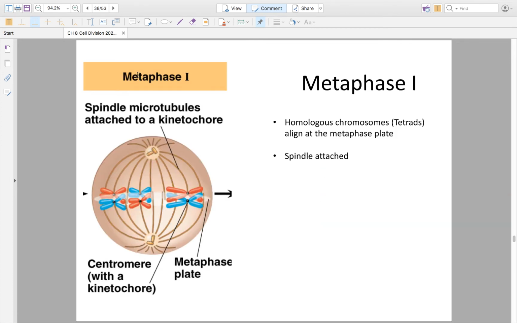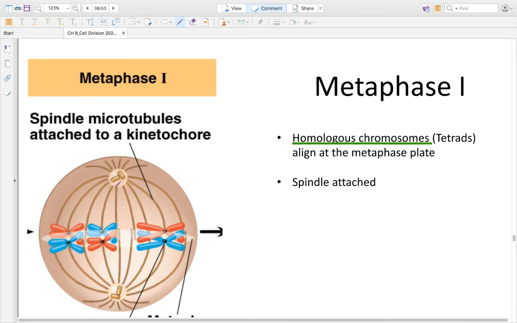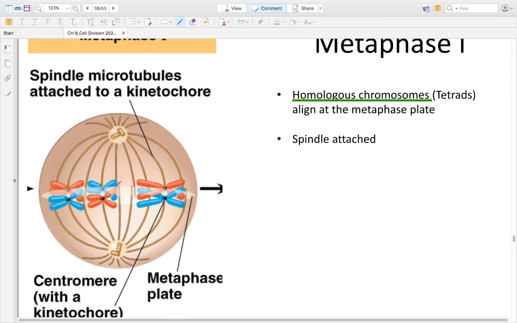Okay, metaphase 1. This is incredibly important. Homologous chromosomes, tetrads, they're going to align at the metaphase plate. All right, now if you look closely, notice that there's 1, 2, 3, 4 homologous chromosomes.